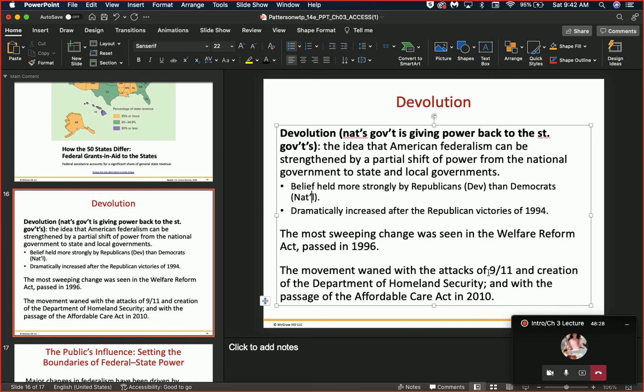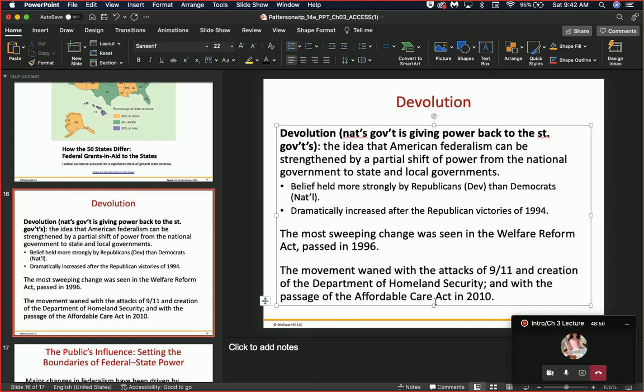Remember over here in the 1990s, that's whenever the Republicans were really in power. Republicans really valued this source of devolution, giving the states the power, right? But once 9/11 happened, we saw a huge, huge growth in nationalization.